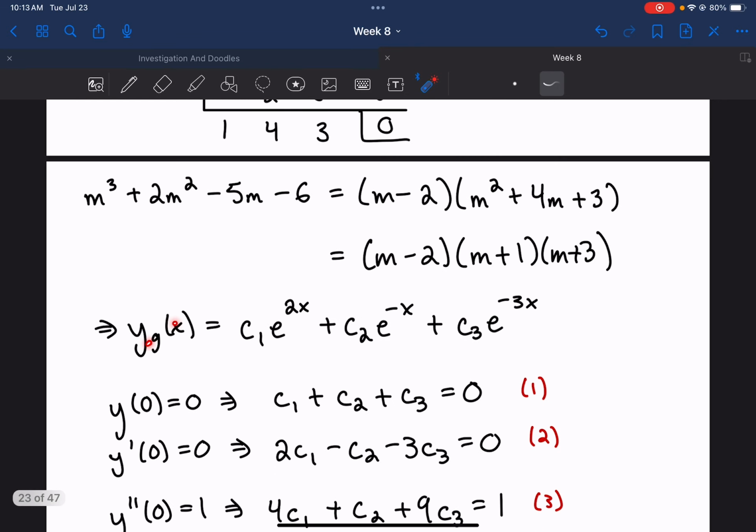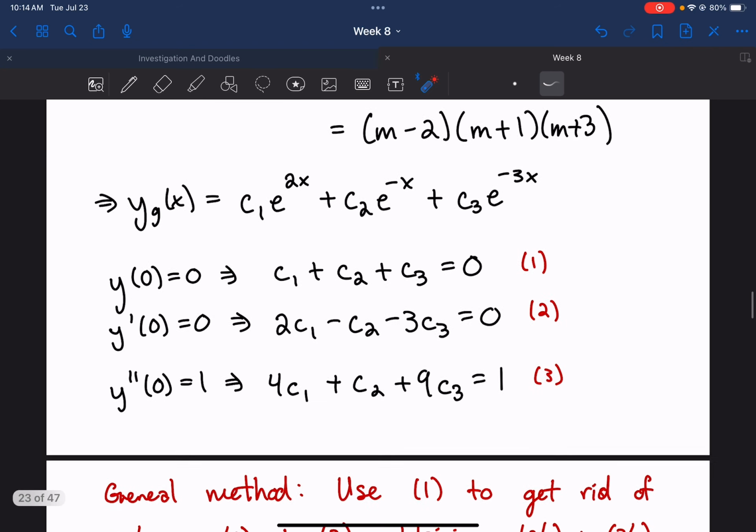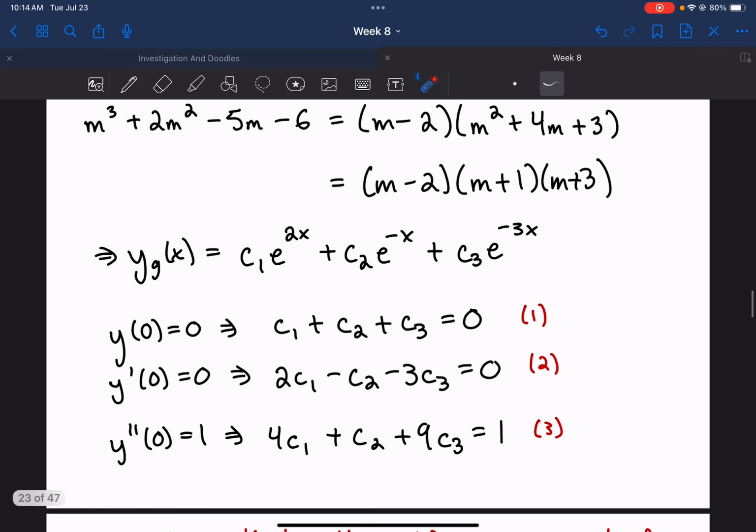y of x equals c1 e to the 2x, c2 e to the negative x, c3 e to the negative 3x. And now I just use my initial conditions, right? My first initial condition is that y of 0 is 0, which means c1 plus c2 plus c3 is 0. For y prime of 0, I take derivatives everywhere.